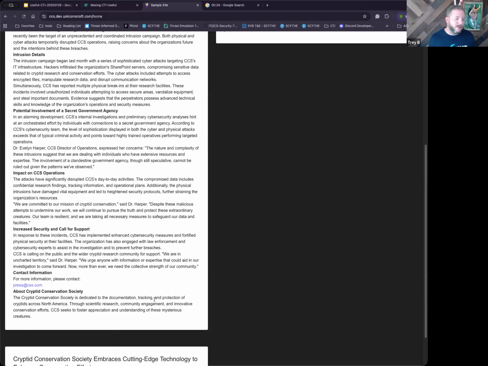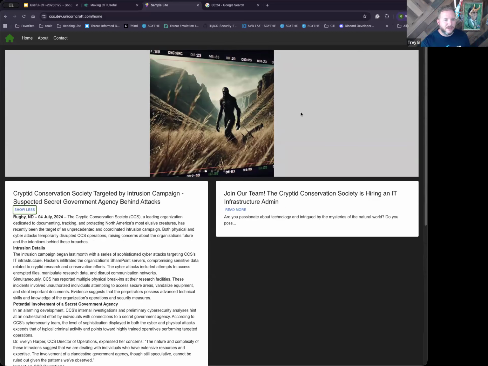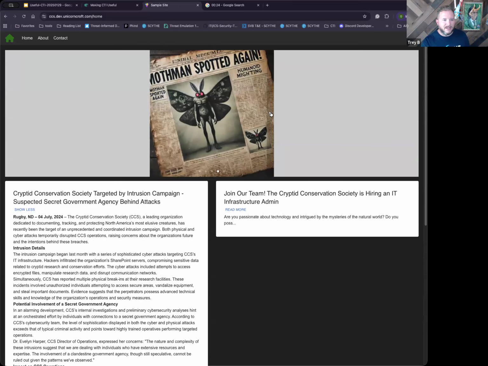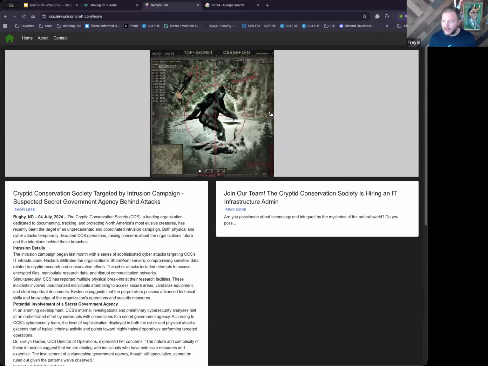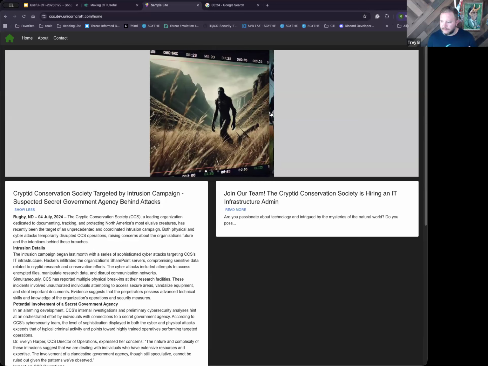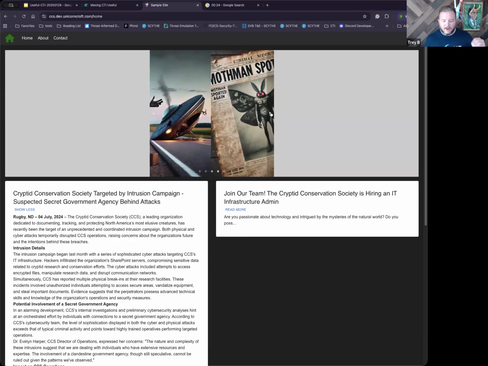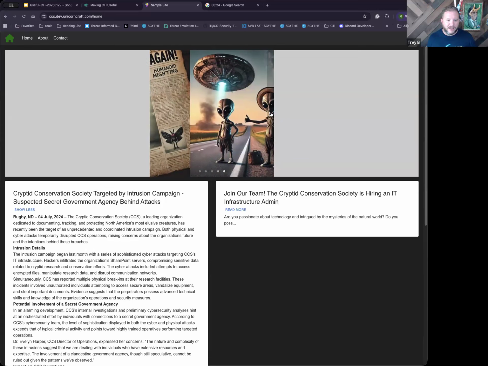So I asked that question to address a topic that hasn't really been touched on, and I didn't want to spend too much time on. But as we're making this assessment, as we're trying to determine a potential threat, you had a bunch of things come to mind when you automatically started thinking about cryptids. When you saw these pictures of a Wendigo, of aliens, of Mothman, you immediately started going, okay, this is a little tinfoil hatty.